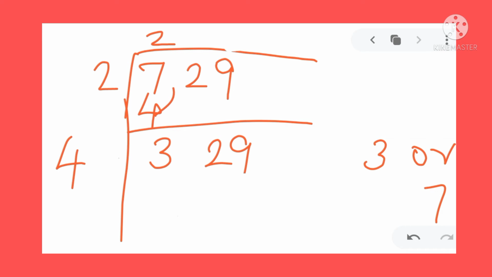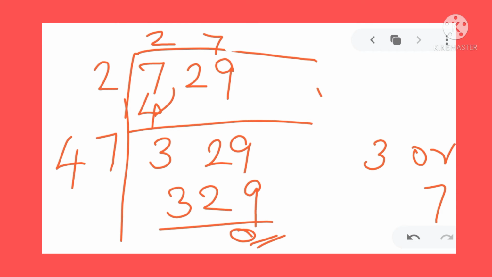Then we write 7. That should be here. 7 into 7, 49. 4 is there. 7 into 4, 28 plus 4, 32. The remainder is 0. So root 729 is equal to 27.